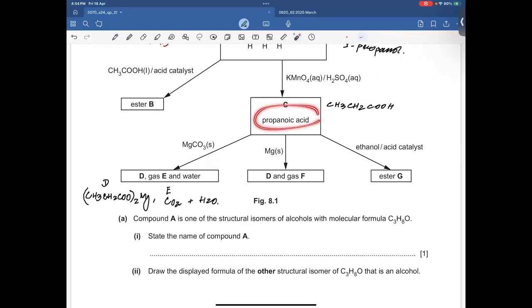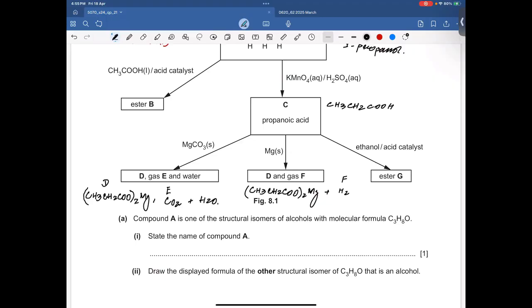When propanoic acid is treated with magnesium, obviously magnesium propanoate is formed and hydrogen gas. So D is basically magnesium propanoate, and F is hydrogen gas.